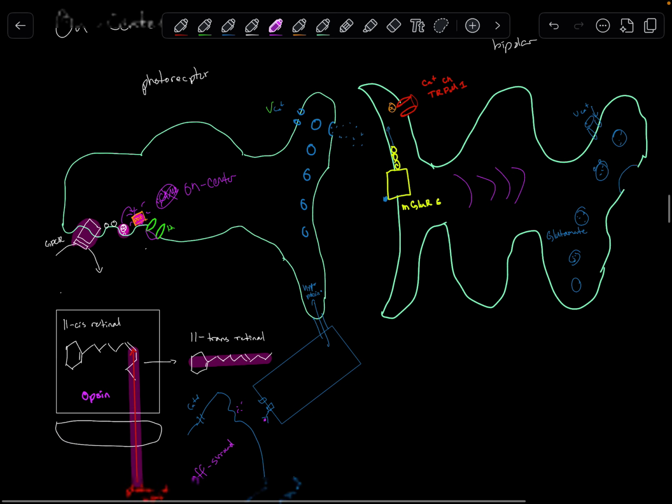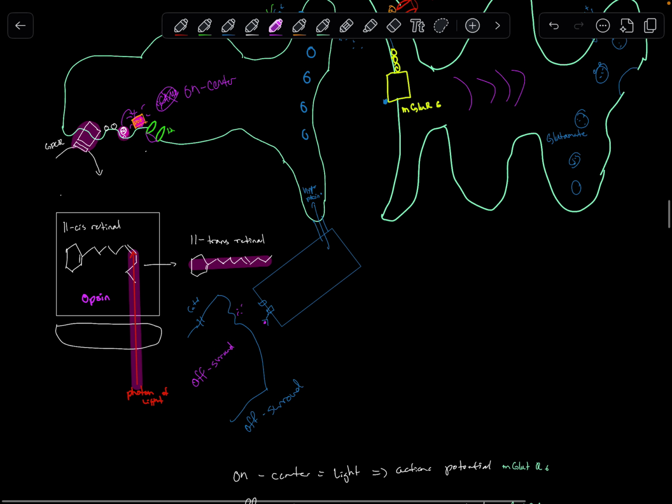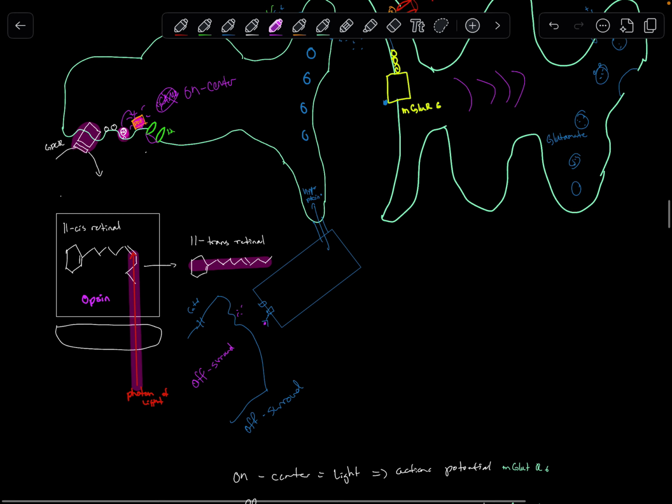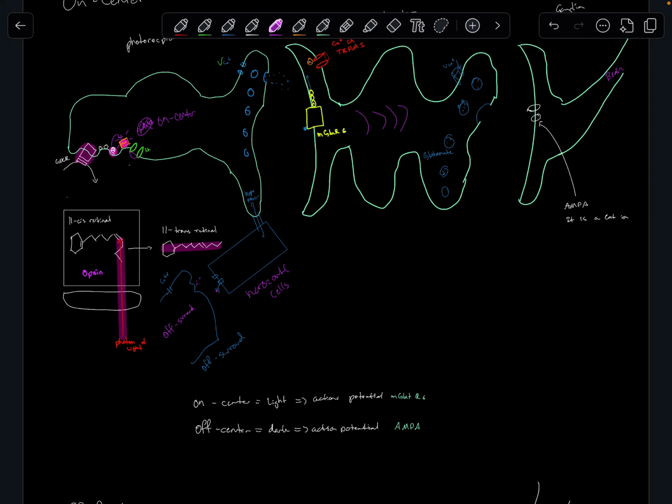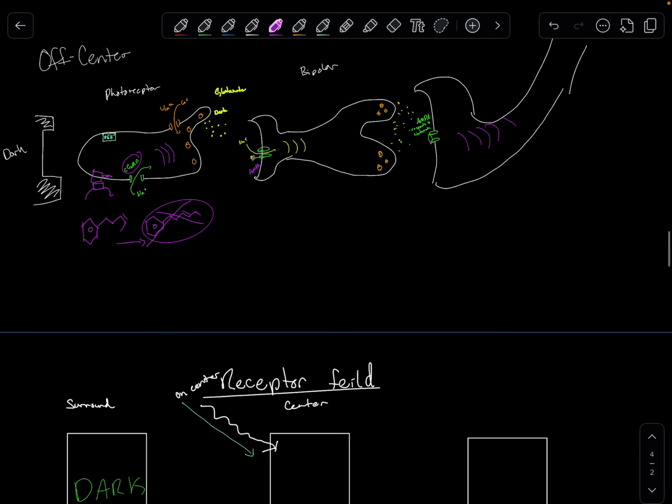Even though we're in the dark, we can still have an action potential occur because of the horizontal cells. Hopefully that made sense.